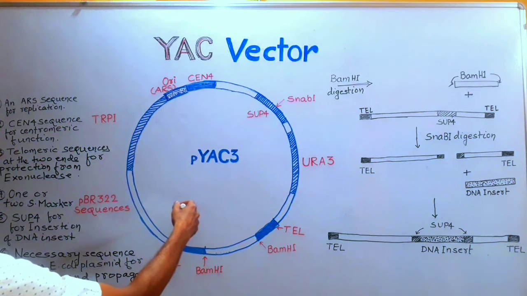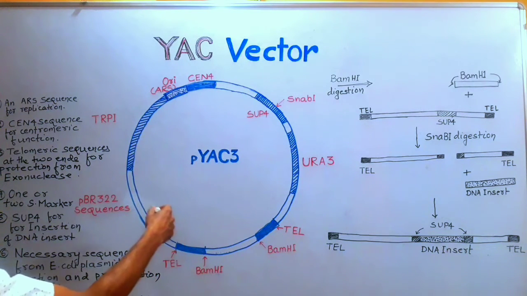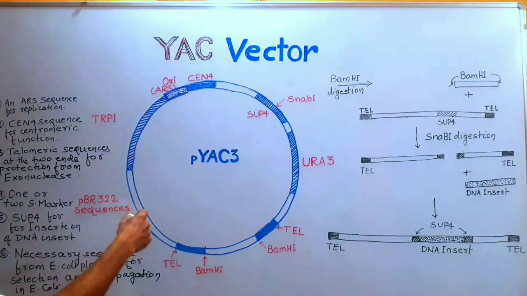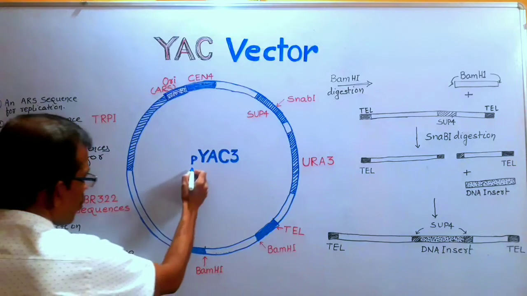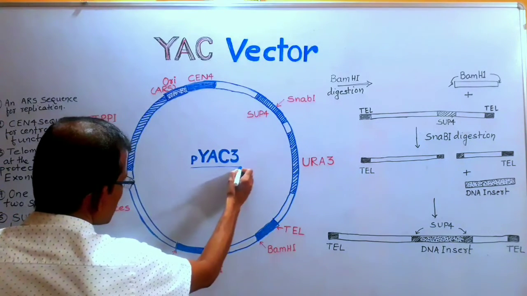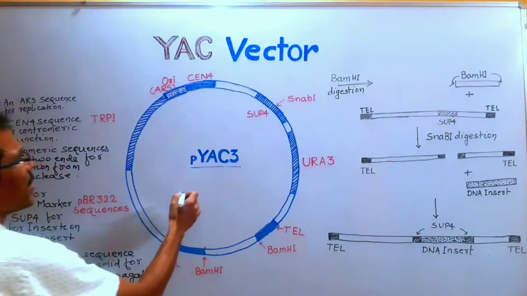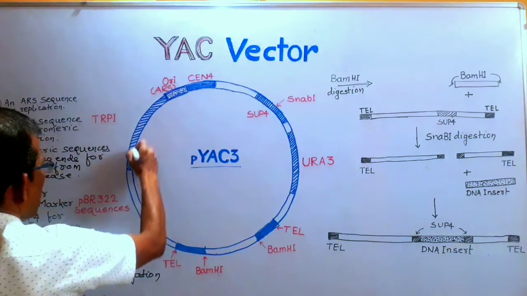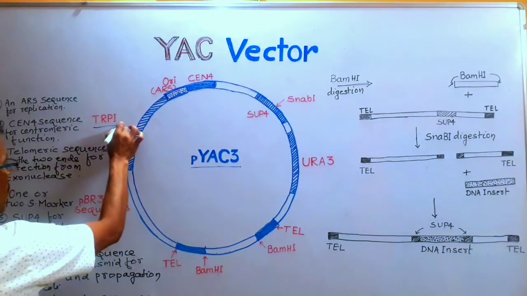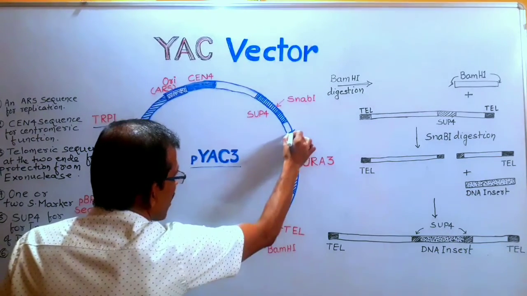Other functional modules of yeast artificial chromosome are one or two selectable markers. This yeast artificial chromosome is known as PYSC3. This PYSC3 contains two selectable markers. One selectable marker is TRP1. Other selectable marker is URA3.